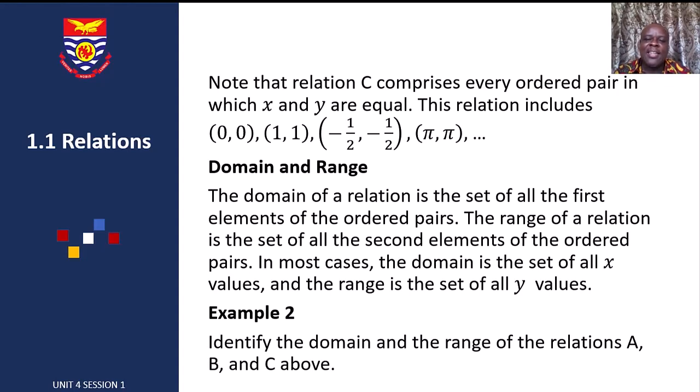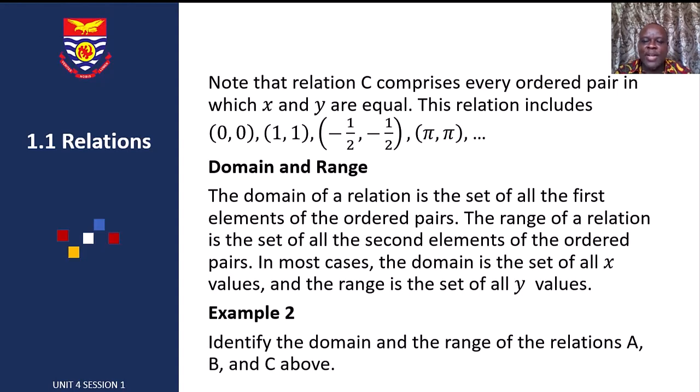Then when you consider the set of all the second elements of the ordered pairs, you have what we call the range. So in most cases, the domain is a set of all x values, and the range is a set of all y values.